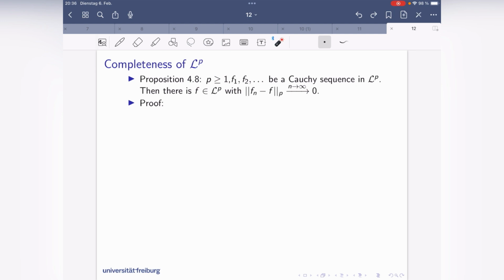In basically all cases where you want to show that some space is complete and you have a Cauchy sequence and you need to find the limit, the most important part is to find a candidate for the function f. And that's what I'm going to explain to you in this proof.